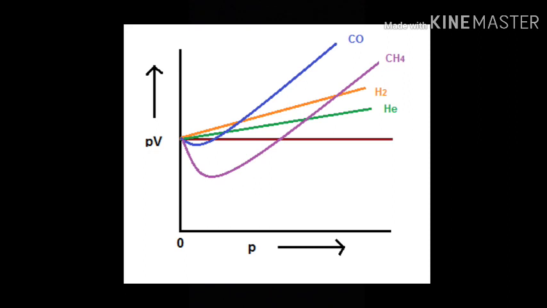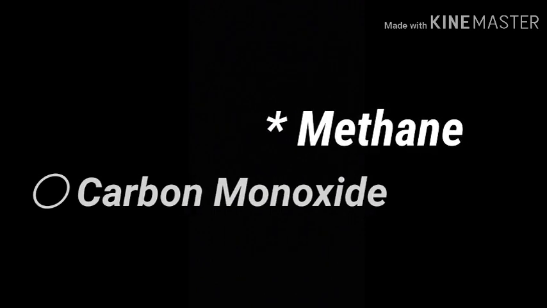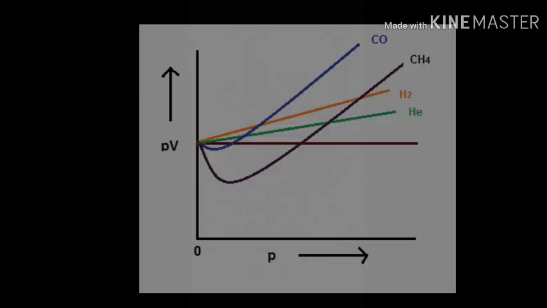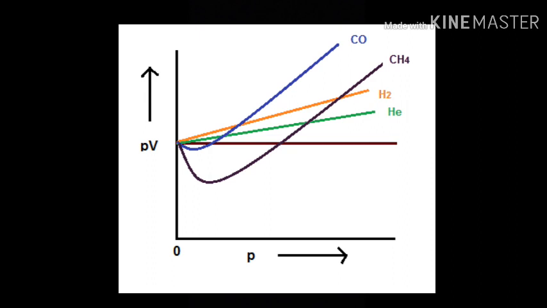These gases show a significant deviation from the ideal behavior as per Boyle's law. The plot signifies the deviating behavior of real gases like hydrogen, helium, carbon monoxide, and methane from the behavior of an ideal gas. In fact, we see from the graph that real gases do not show anything similar to ideal gas behavior.